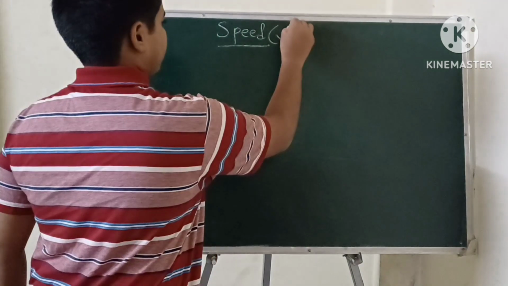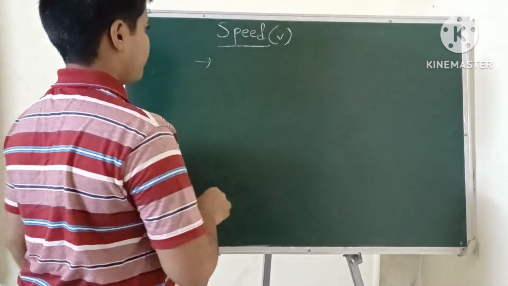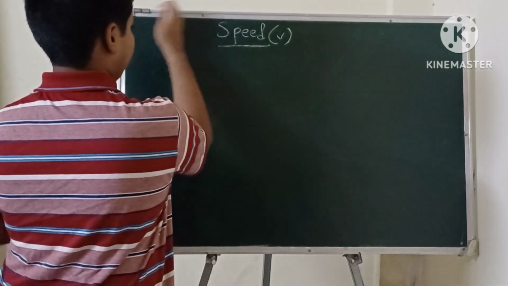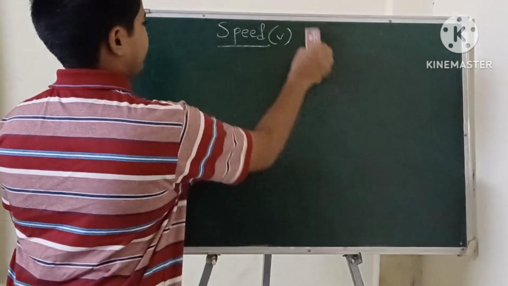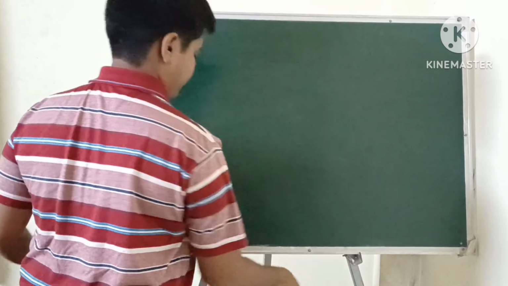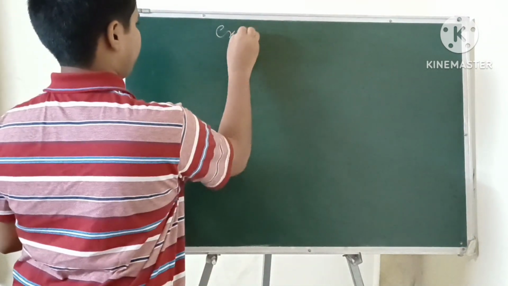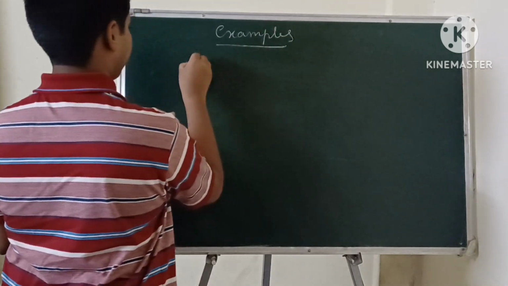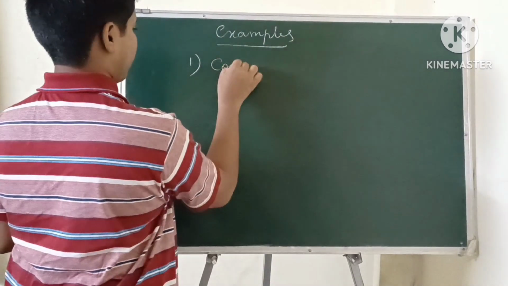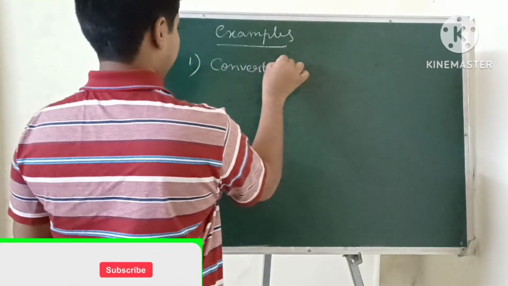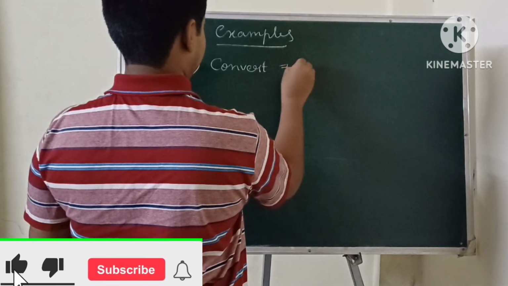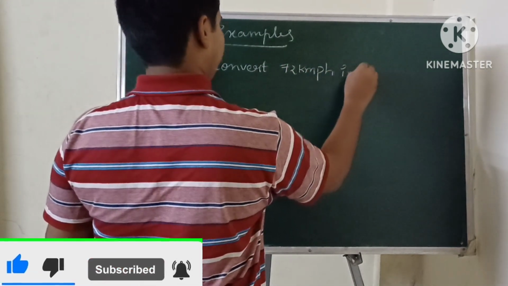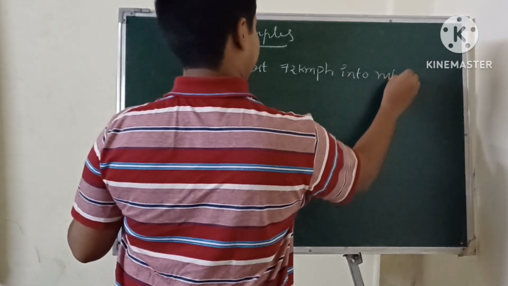And here, types of speeds. Before going to types of speeds, some examples. First one: convert 72 kmph into meter per second.